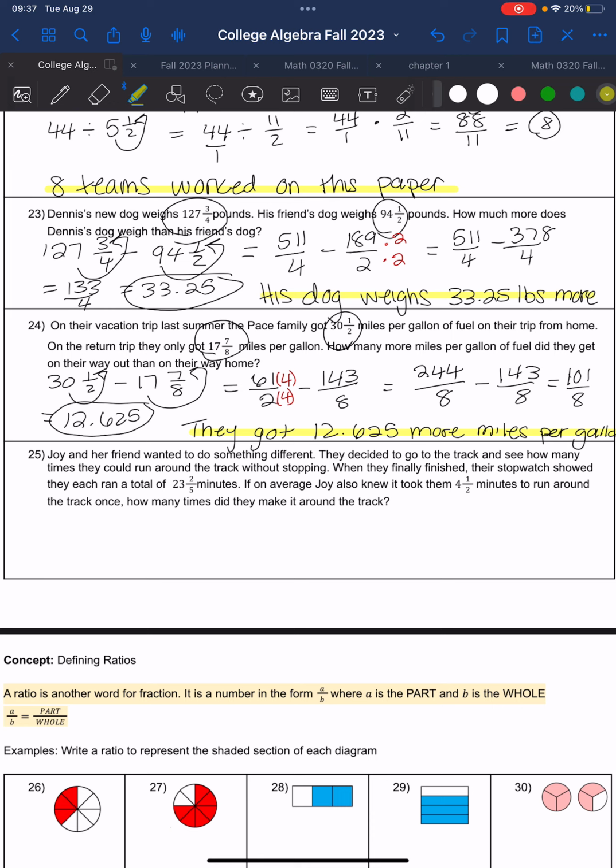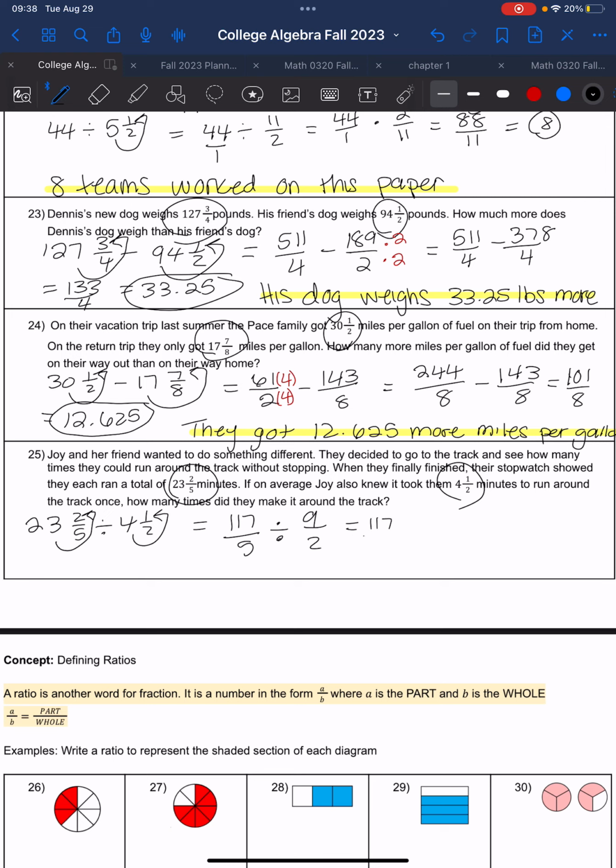So in this one, we have to take that 23 2/5 and divide by that 4.5. So 23 2/5 divided by 4.5. Got to turn these into improper fractions before we start. 23 times 5 plus 2, that's 117 over 5 divided by 9 over 2. So this gives us 117 over 5 times 2 over 9.